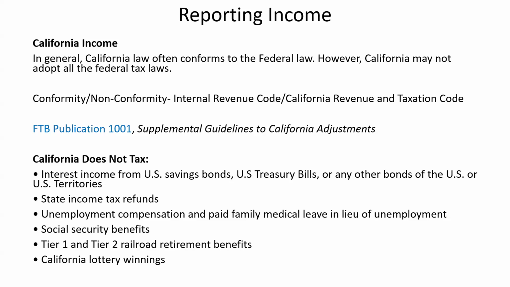Same thing with Social Security, it's going to be done automatically by the software. Now, for California lottery winnings, whether it's $70 or $700, that is not an automatic thing. You're going to have to make a manual change to your California software to calculate zero California tax on the California lottery winnings.